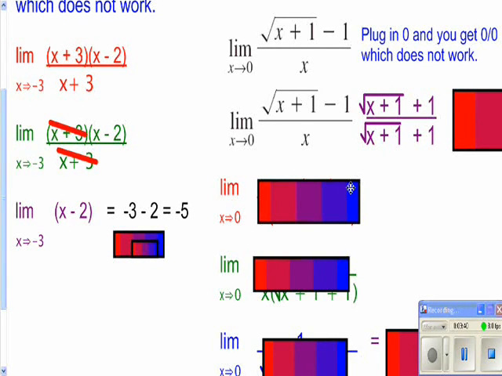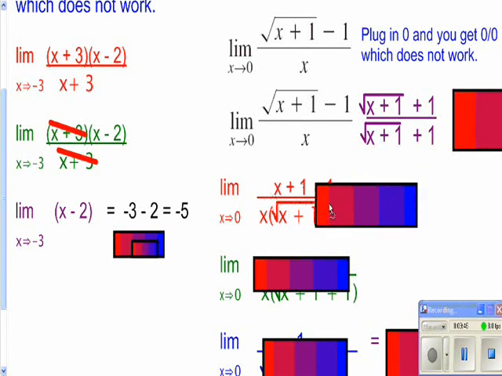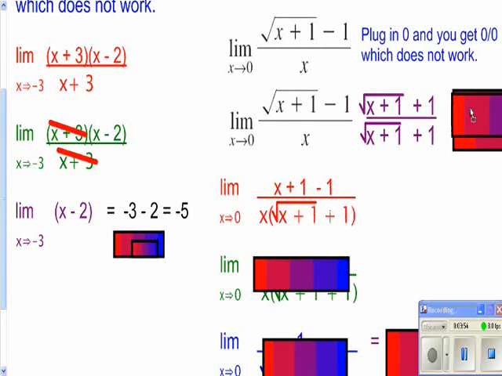Then you're going to FOIL the top. Remember, in multiplying conjugates, you multiply the first terms. Your outer terms and your inner terms drop out. Then you do your last terms. The bottom, I'm not going to really multiply out. I'm going to basically just rewrite the bottom.